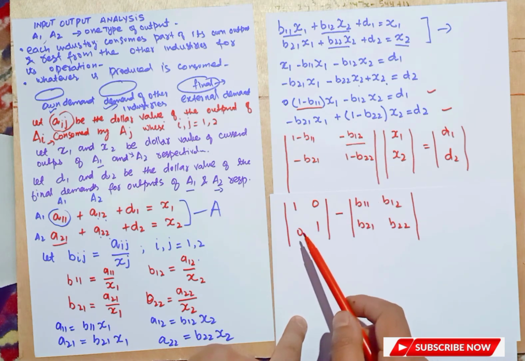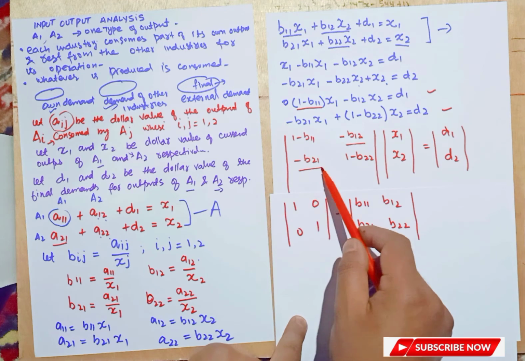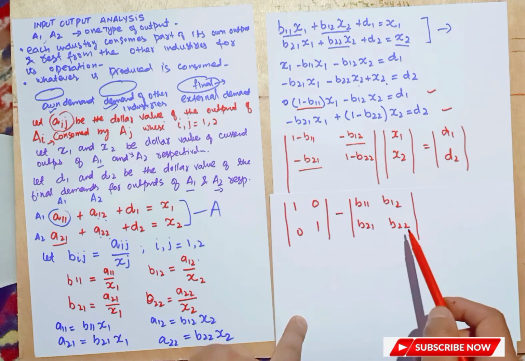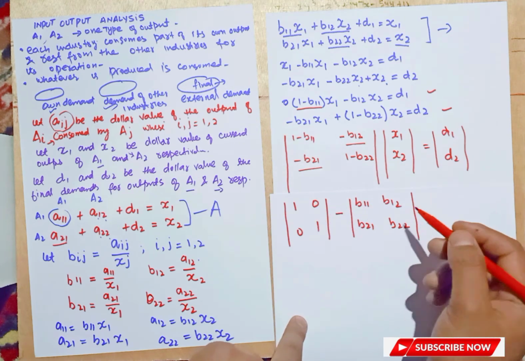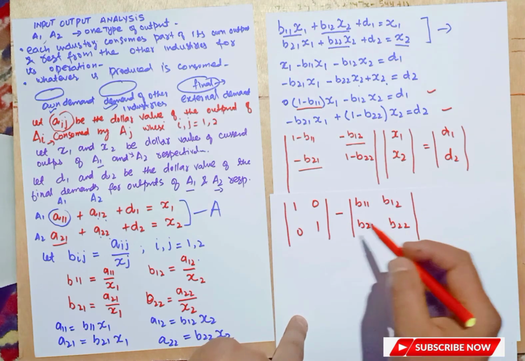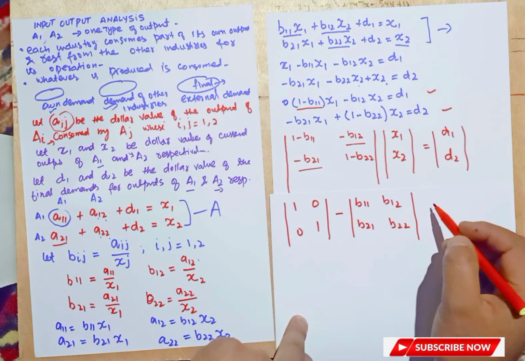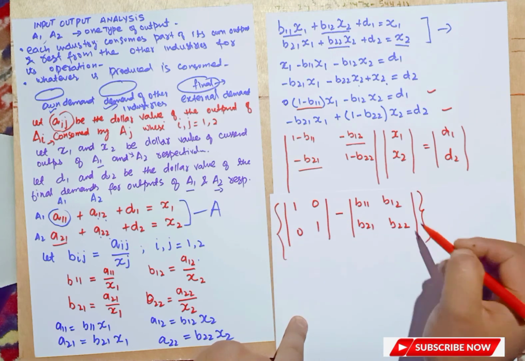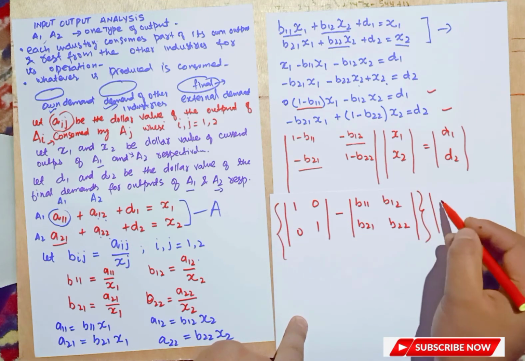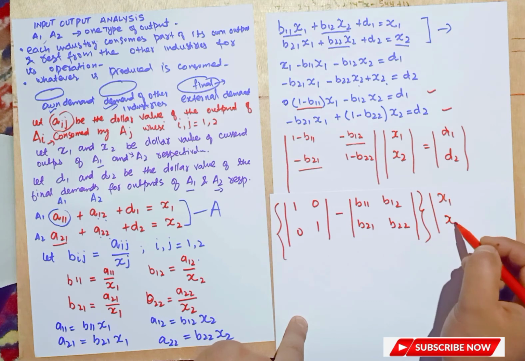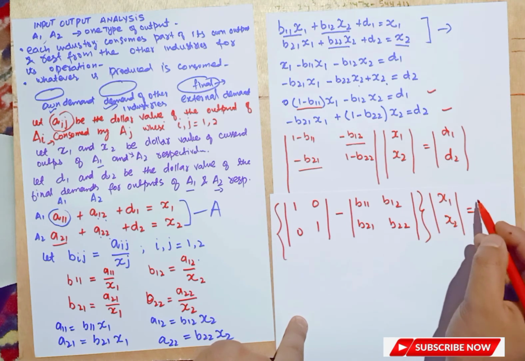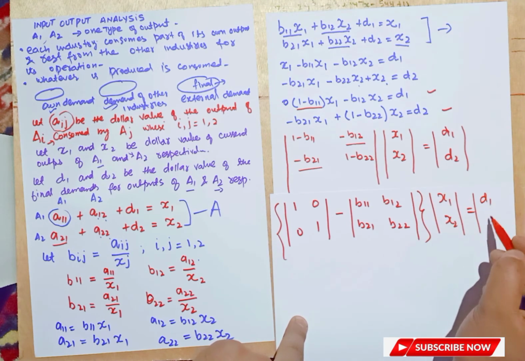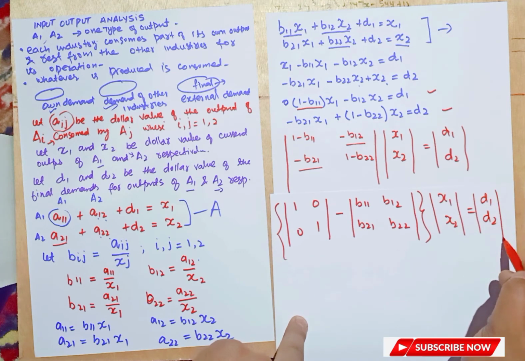Similarly 0 minus B21, we will get this coefficient. Similarly 1 minus B22. So I have just further manipulated this, and this is multiplied by the column vector x1 x2, which is equal to D1 and D2.